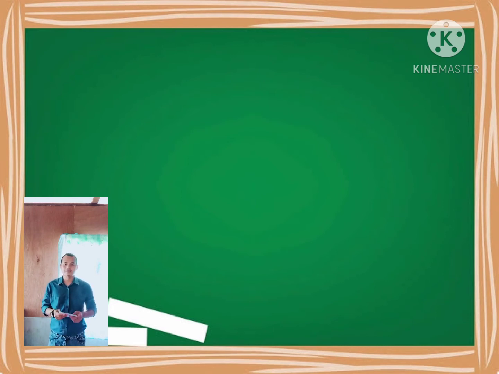C. At the end. Number 3. The root word in disagree is A. Agree. B. Dis. C. Re.